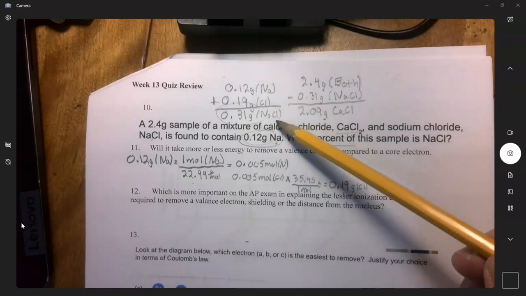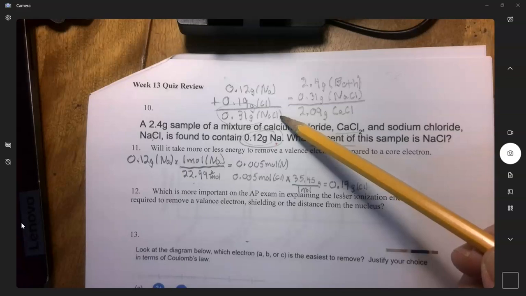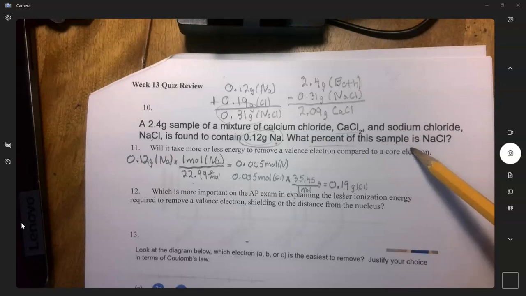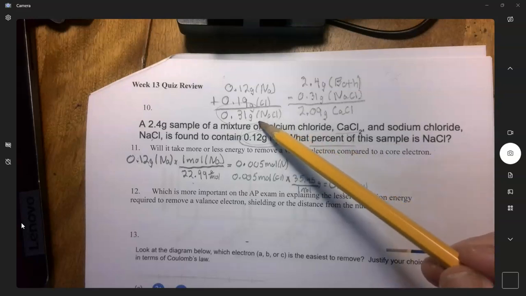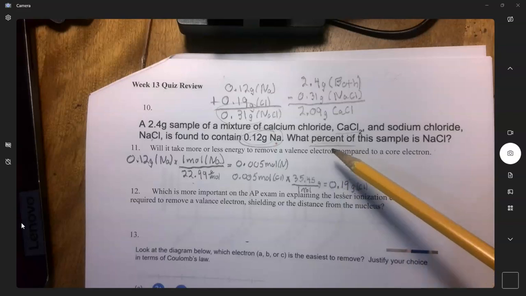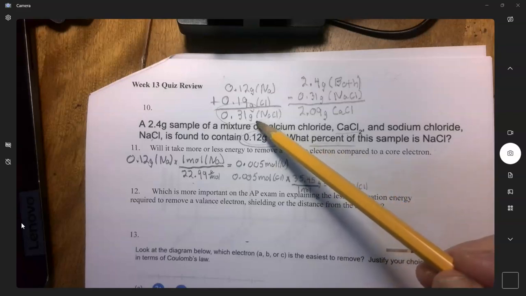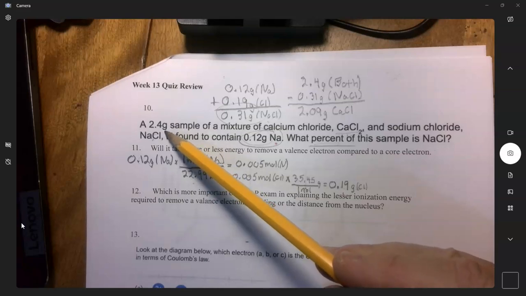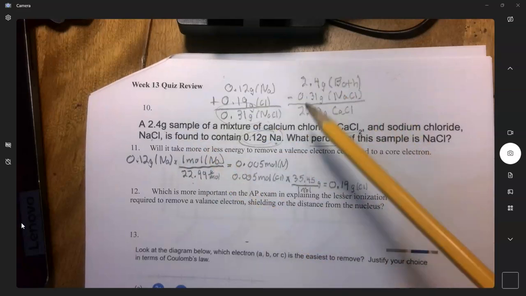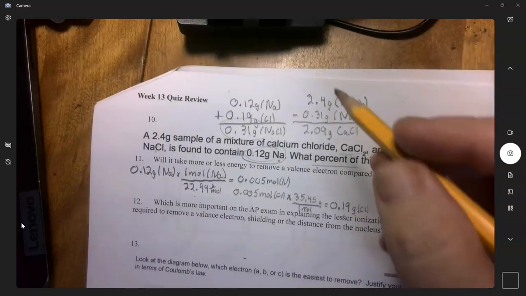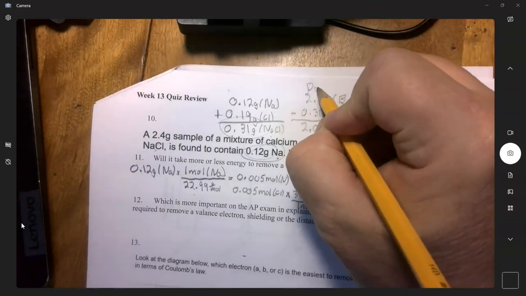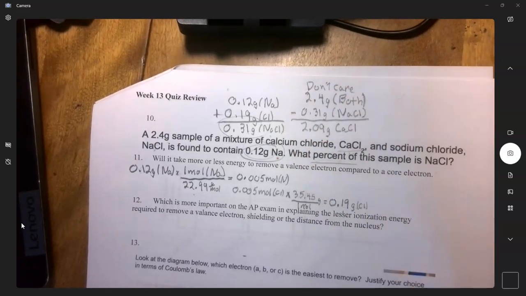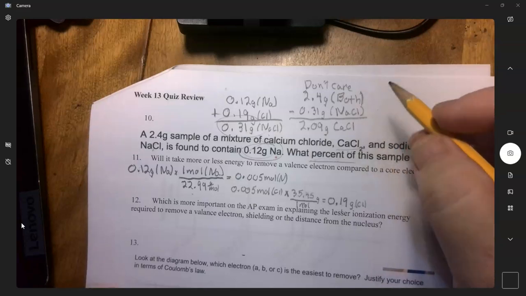Okay, so we figured out grams of NaCl. We don't care about CaCl because the question is asking us percent of the sample is NaCl. So again, mass percent, whenever you see percent, it means mass, it means grams. So we have 0.31 grams of NaCl and 2.4 grams of the sample. So although I computed the grams of CaCl, we don't care. I'm just going to write don't care. So you didn't need to do that step, so you can skip that. So here we go.